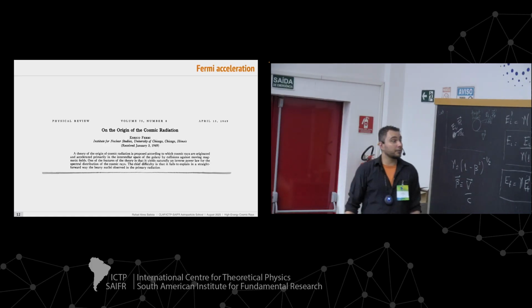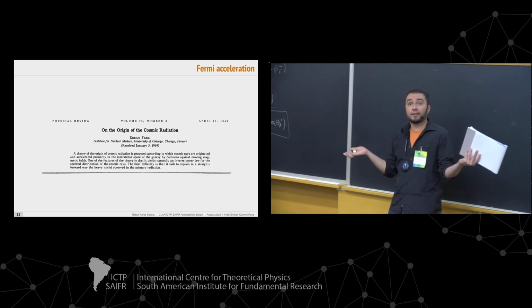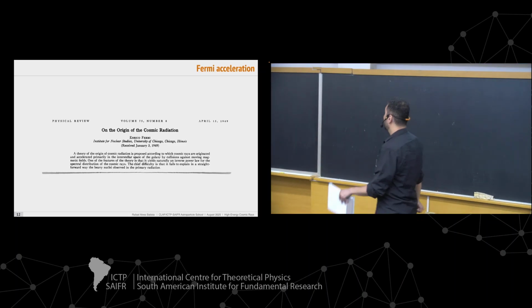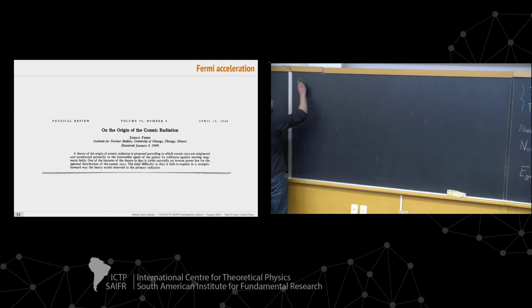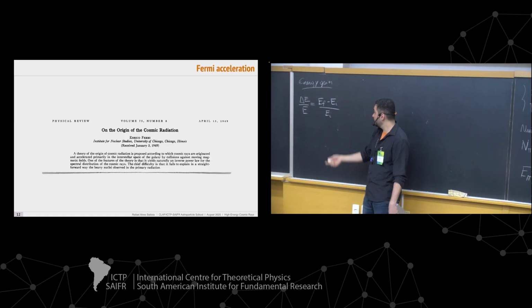So now what are we going to do with this? We need to gain energy. That's the whole thing. We want to gain energy. And what's an energy gain? An energy gain is delta E over E, the final energy minus the initial energy, divided by the initial energy.